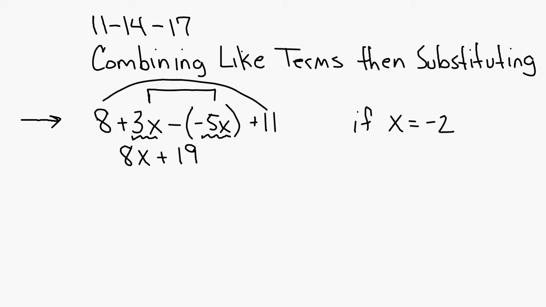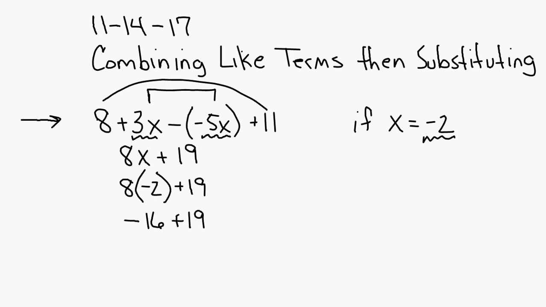The second part of the problem is, once you've simplified it and combined your like terms, you're going to substitute the negative 2 wherever there's an x. So now you'll do 8 and in parentheses put the negative 2 and then plus 19. And 8 times negative 2 is negative 16 plus 19.